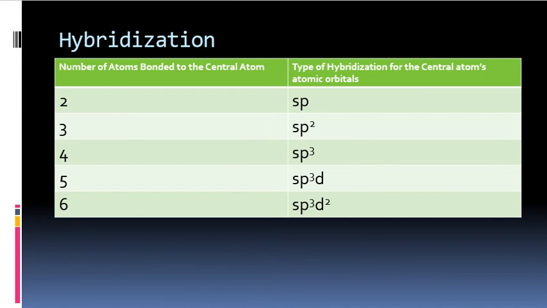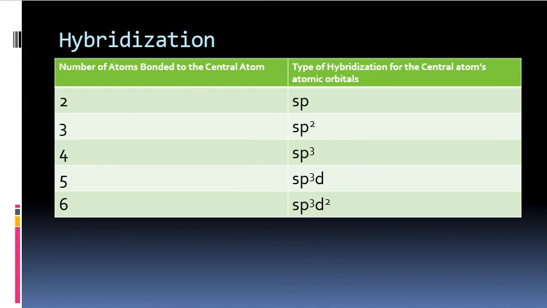In the case of an atom bound to 5 different atoms, it's going to form sp3d hybridization. Essentially, that will be hybrid orbitals that were formed through the hybridization of that central atom's s, each of its p, and one of its d atomic orbitals.